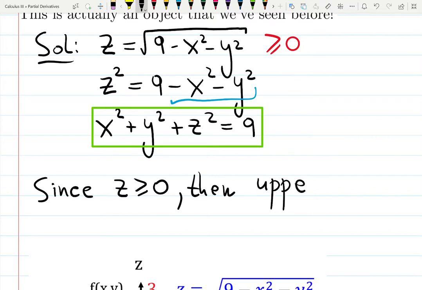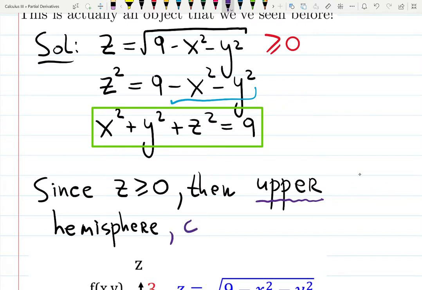Semisphere, amazing. Or we also call it upper hemisphere. Hemisphere is a synonym of semisphere. Upper, so we also know where it is. If z is less than or equal to 0, then it's a lower hemisphere.